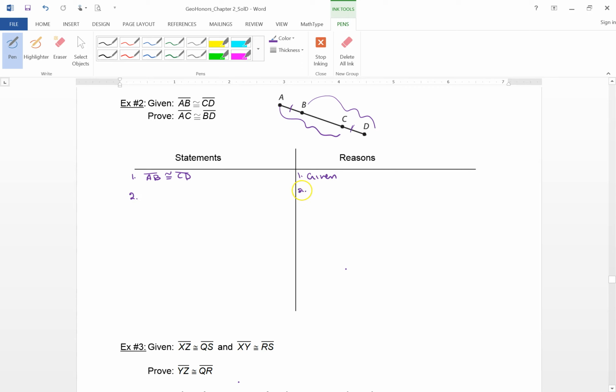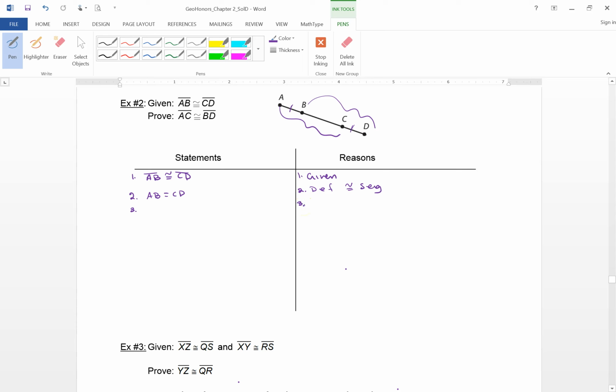Now, this is a pattern. When I'm told that two things are congruent, what does that immediately mean? They equal one another. So the length of AB is equal to the length of CD, and this is the definition of congruent segments. Okay?